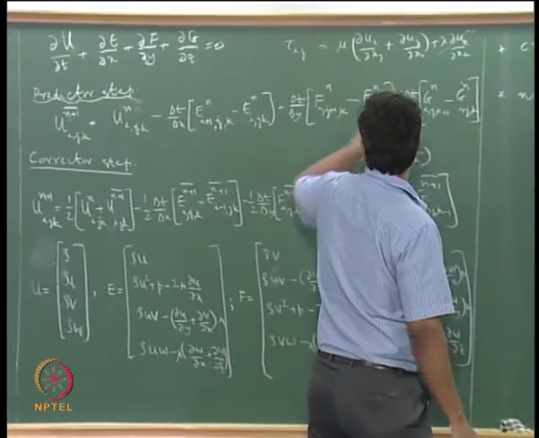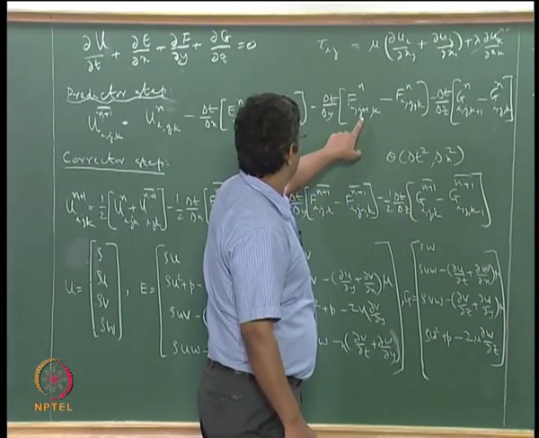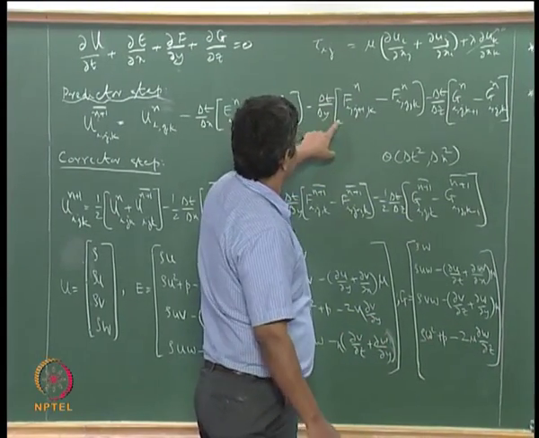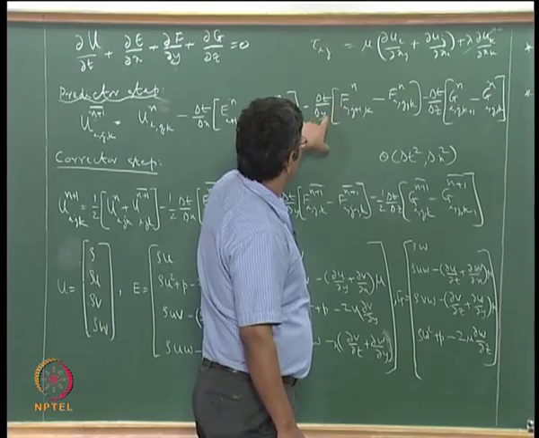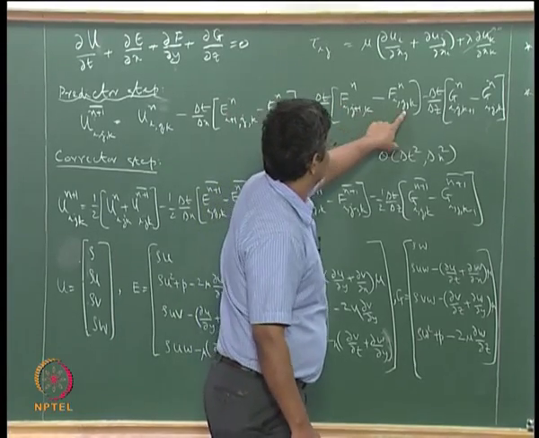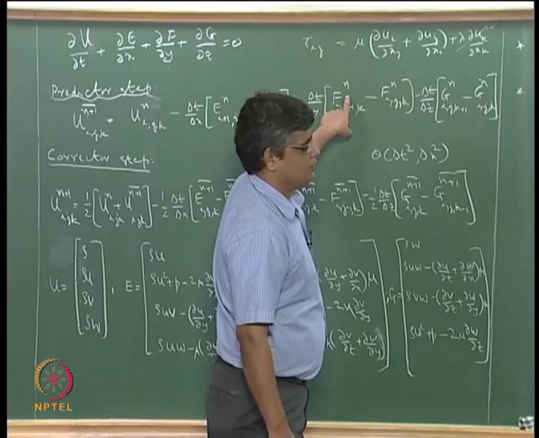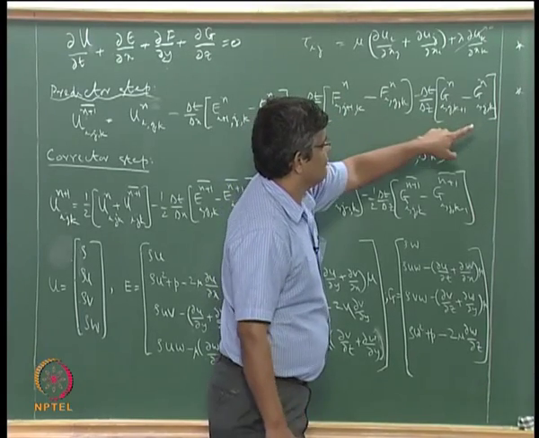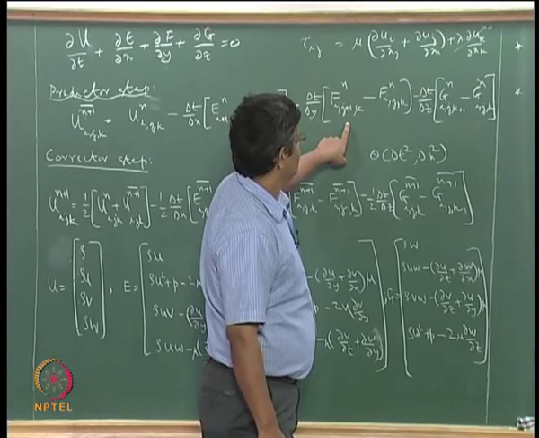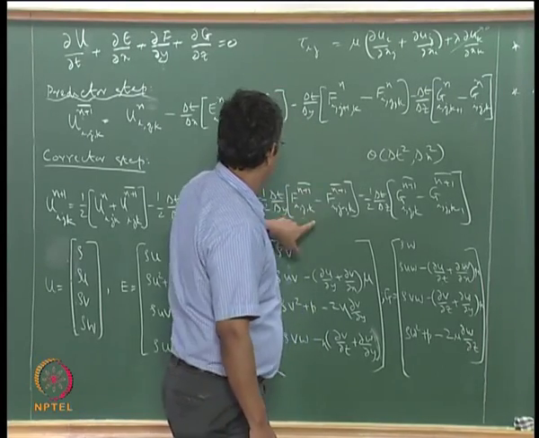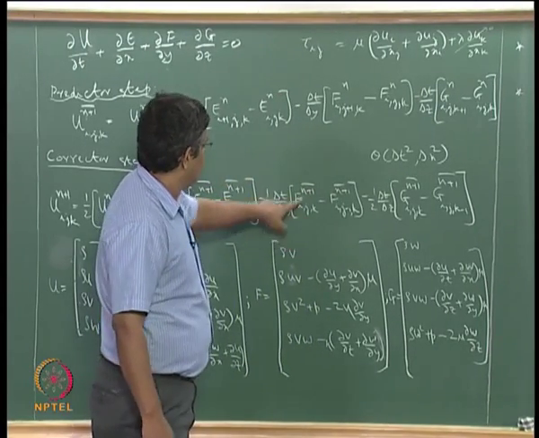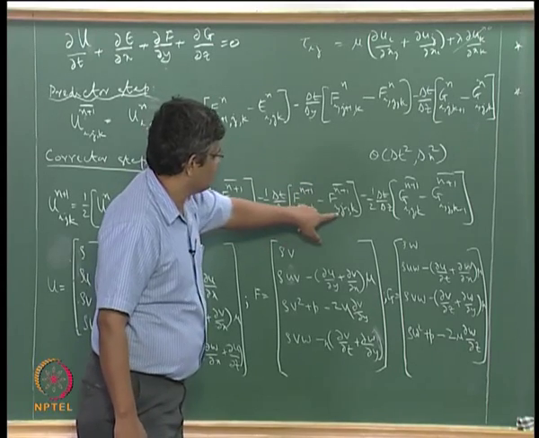For example, in this term here, dou F by dou y is evaluated using forward differencing. So in the predictor step, the normal derivatives will be evaluated using backward differencing. In the corrector step, the same F is evaluated using backward differencing.